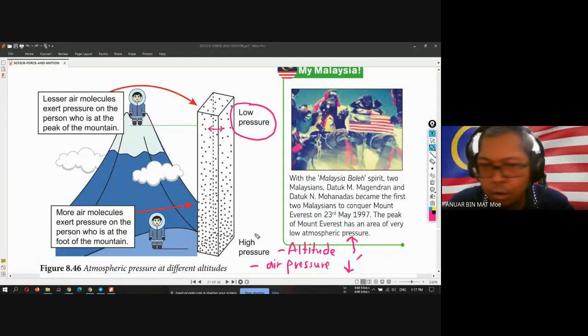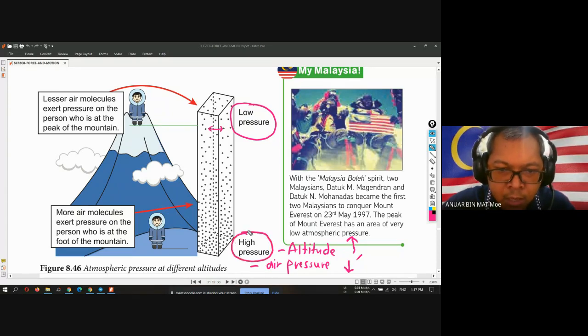When you are at a lower altitude, we have higher pressure because the air particle is more. Can you see the particle here? When you go higher, for example, up in the mountain, low pressure because the particle of the air is less.